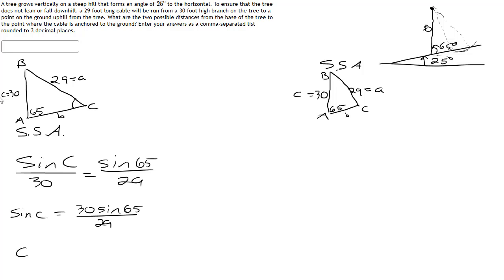And of course, C is going to be the inverse sine of this number, 30 sine 65 over 29. Stick that in your calculator and get an answer, and it's going to be decimals, right? You're not going to get a nice, pretty whole number.